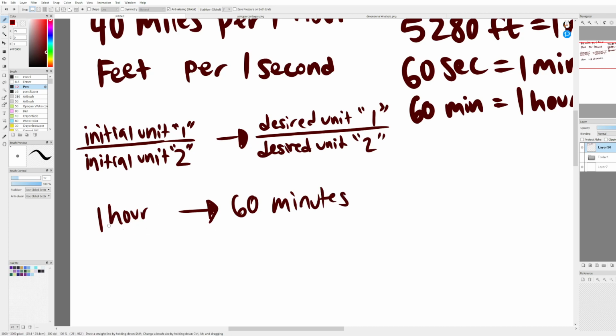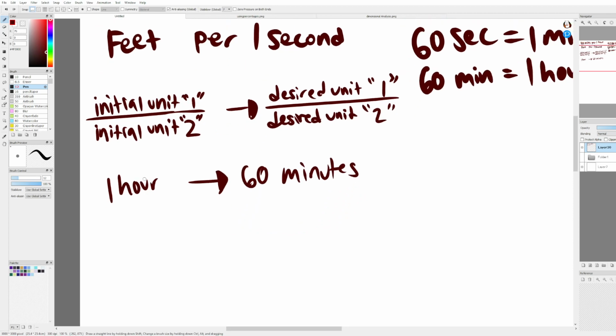So the word hour disappears and is replaced by minutes because there is 60 minutes in 1 hour. And now we're talking about 60 minutes instead of 1 hour. When we are doing dimensional analysis, our goal is to get rid of the undesired units.